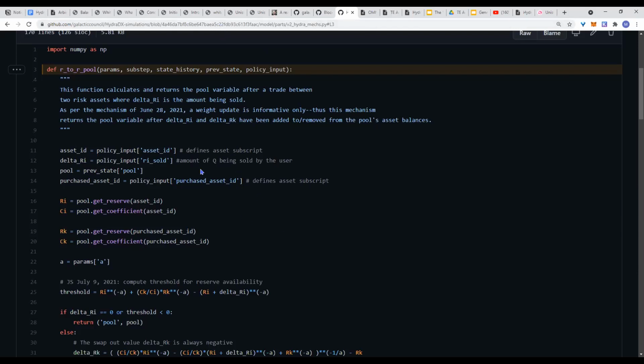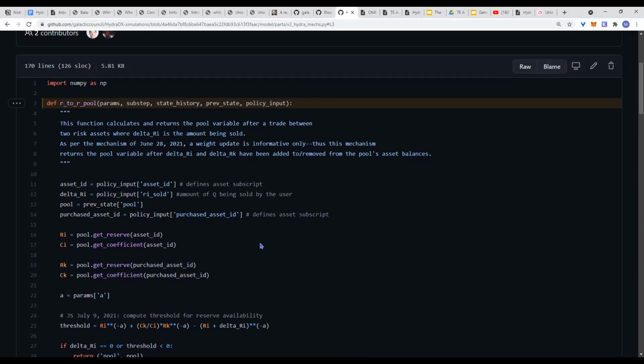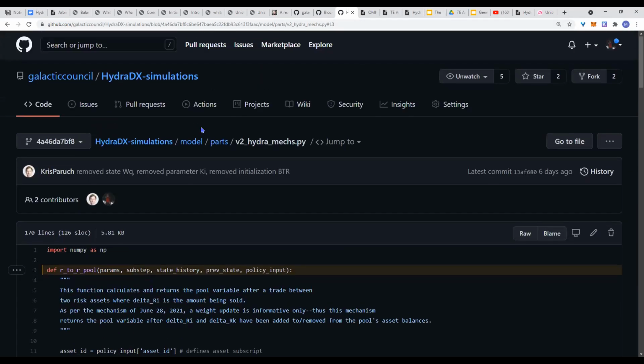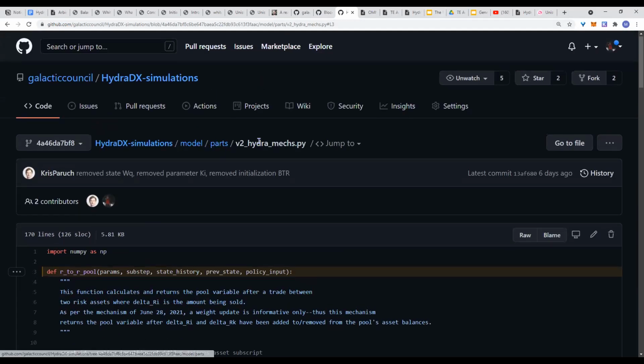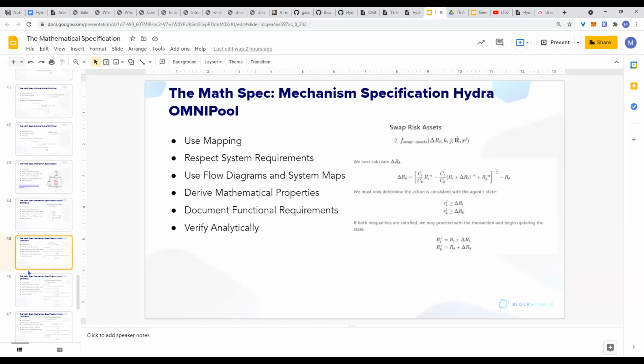Yeah, let me know if you have problems with accessing it. I think it's in the model folder, right? Yes, we are now in the model folder, model parts. Okay, thank you. You're welcome.